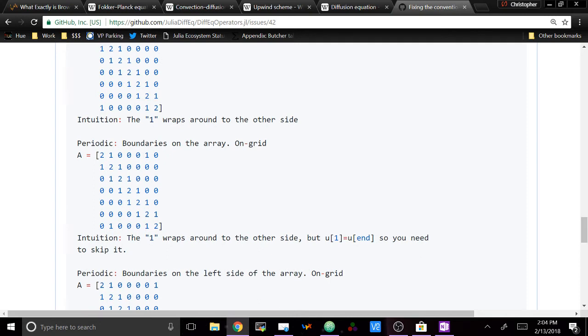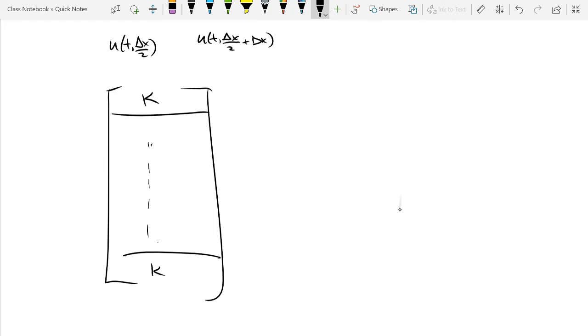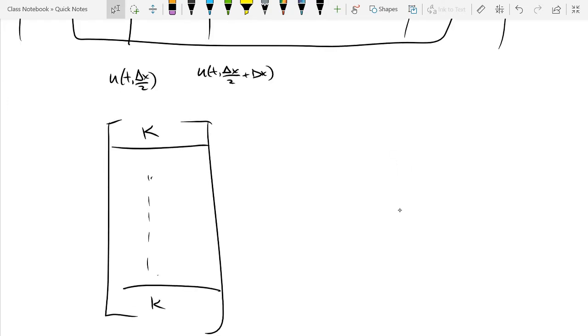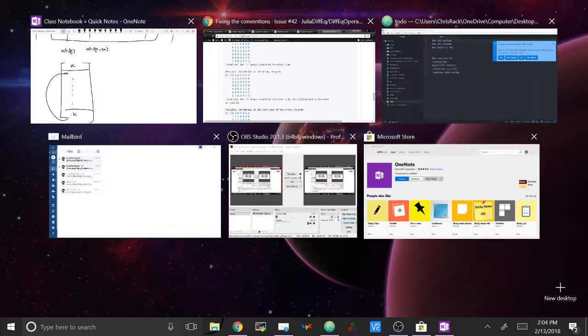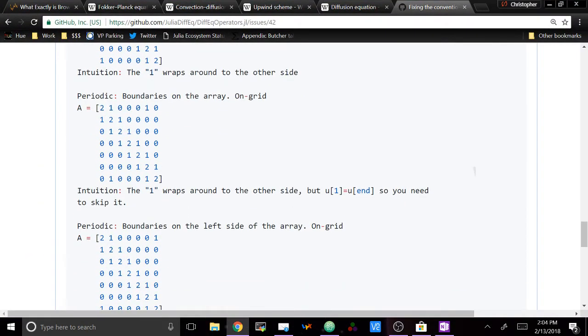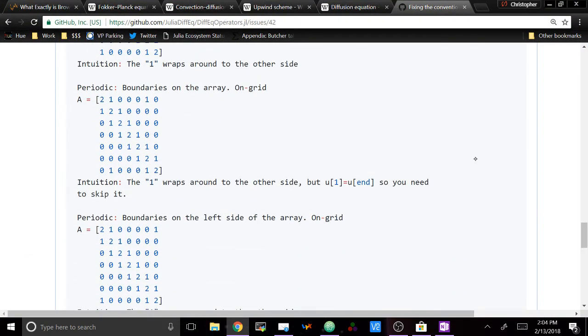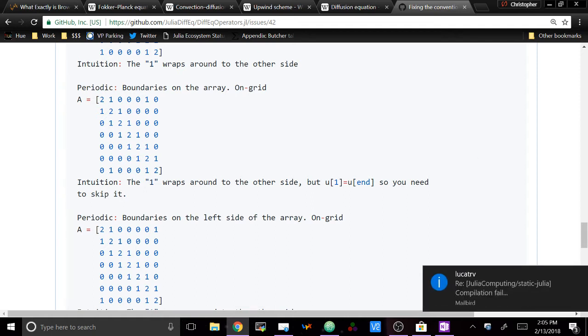Notice then that it's not at the very ends here, because what's going on is that if you have the boundary on the array and it's periodic, then this point is actually equal to this point, and so when you wrap around, you have to wrap around more than 1 over. When you wrap around, you skip this point because this point equals this point, and then you grab this point.